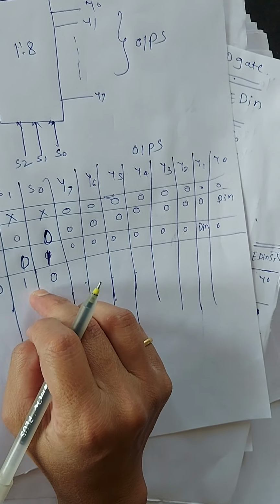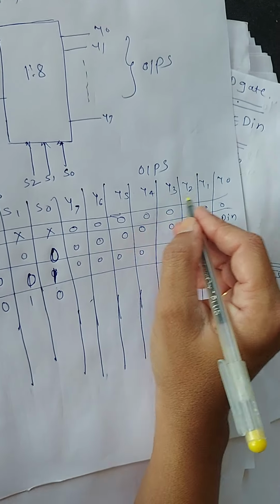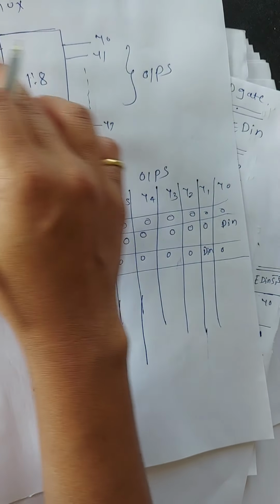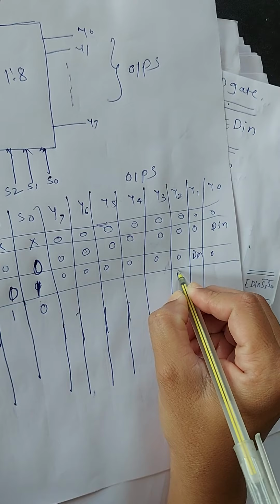So output Y2 is selected, and D in is distributed to Y2.